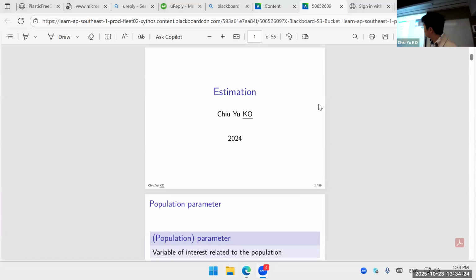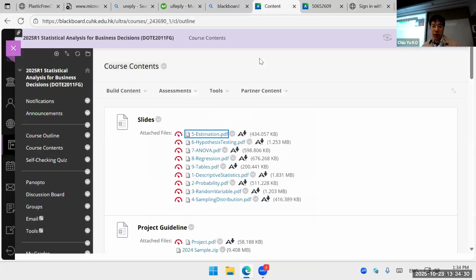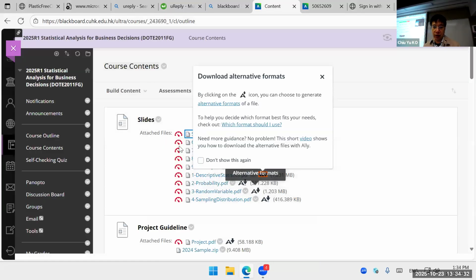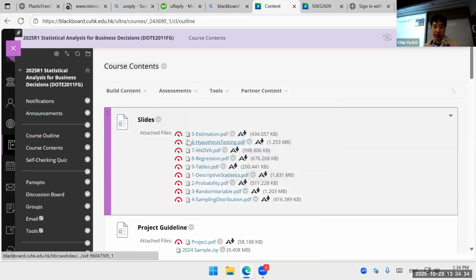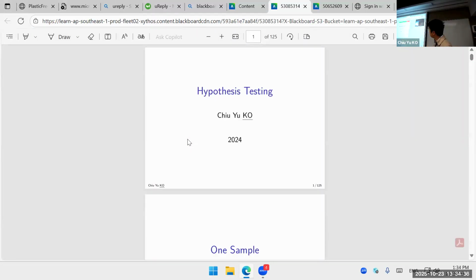So after we finished, we only have the last part left, which is sample size estimation. And after that, we will go to the next thing, what we call hypothesis testing. And once we've done these two topics, basically you would know the basic tools underlying all of statistics, right? Basically, we will do estimation.